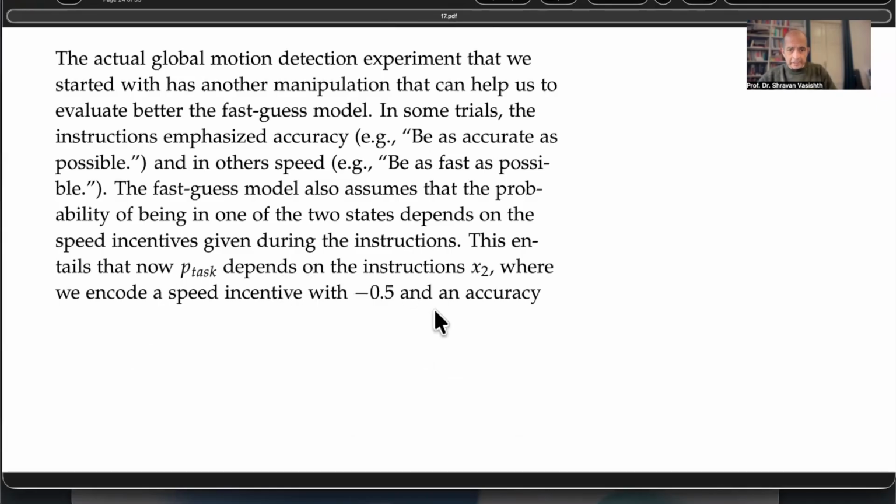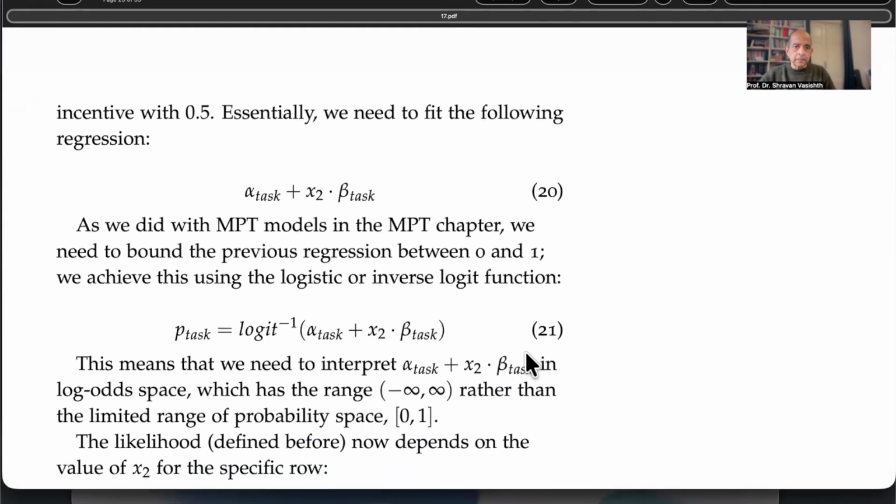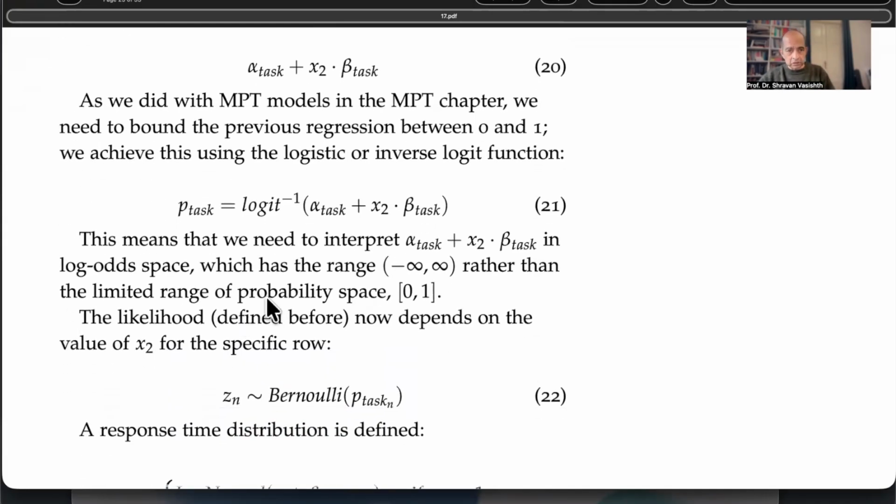If you have an accuracy incentive, then what should happen is that your probability of task should go up. So if this is plus 0.5, this should be positive, because that will lead to a higher probability of task engagement, okay?